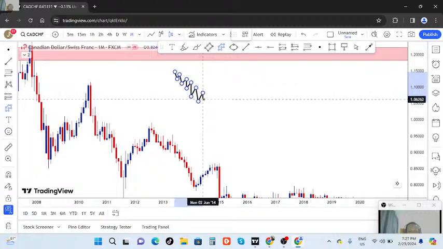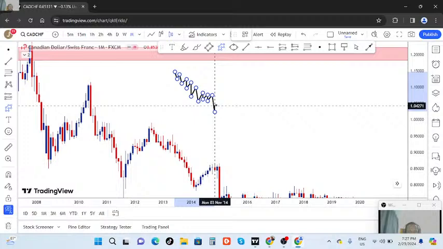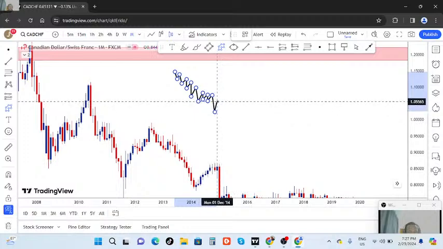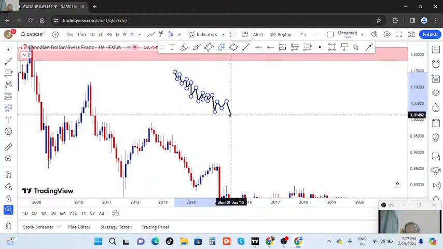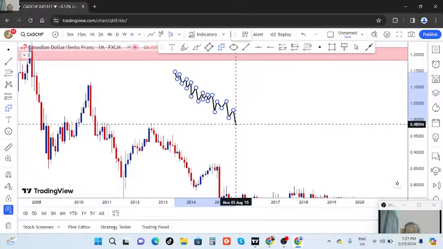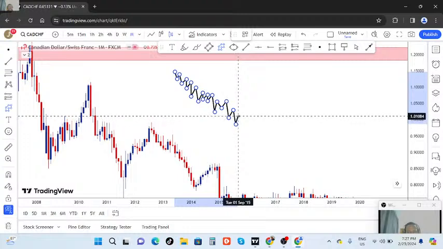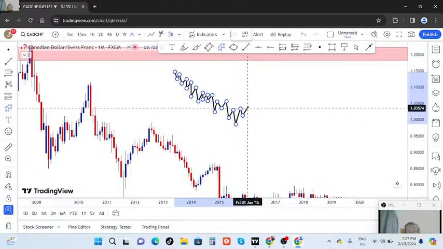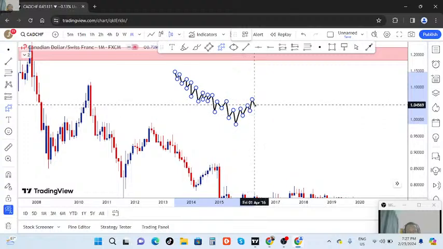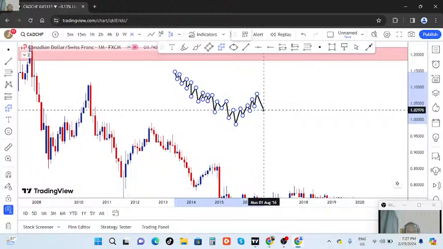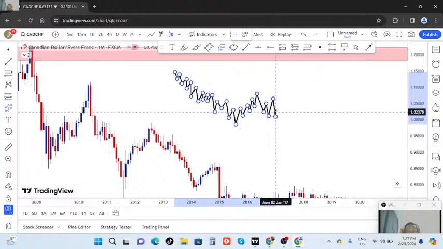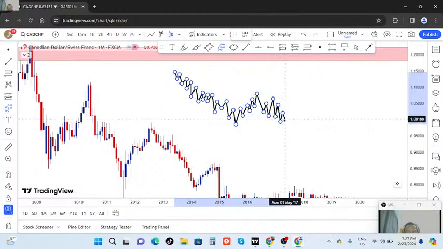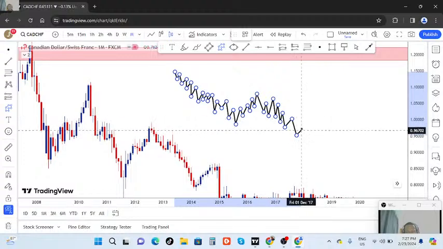Sometimes it can even go sideways like this, and then before you know it, it goes to the downside, comes back to retest this area, and from there it goes on down like this, and keeps going like that. Then all of a sudden the market starts going up, and before you know it, it changes direction and goes back up again, tries to play with us, and gradually the market goes all the way to the downside.